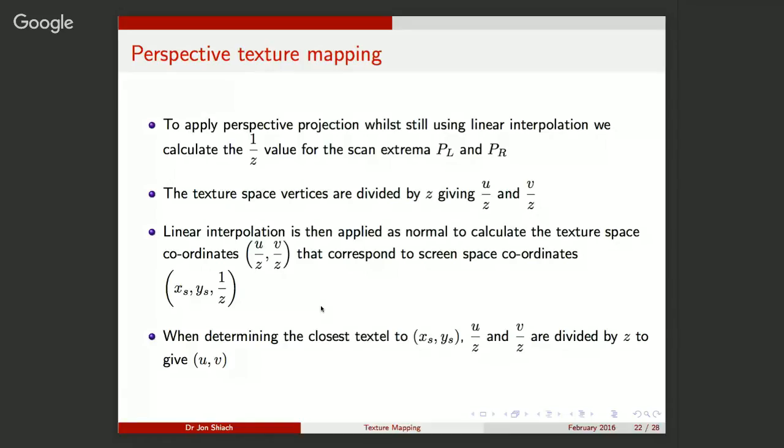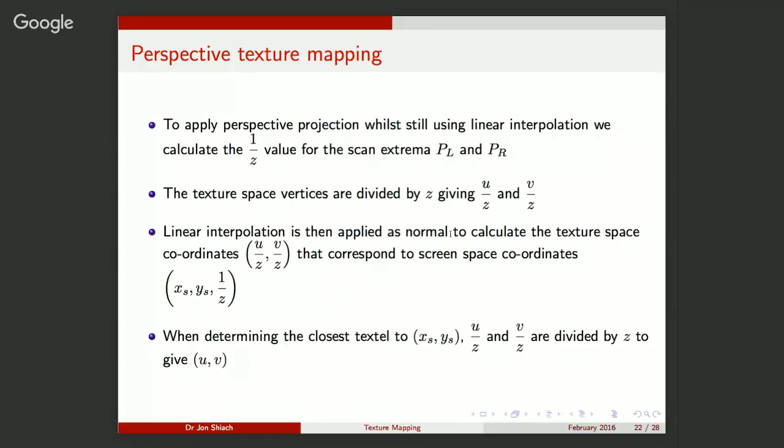As well as x and y, we also calculate 1 over z, and we interpolate the 1 over z. In the texture space, to take that into account, we also divide by z. So instead of u and v, we have u over z and v over z. And then we just apply linear interpolation in the same way.